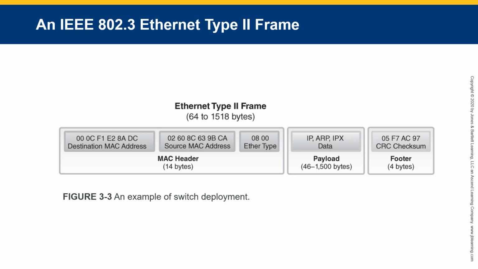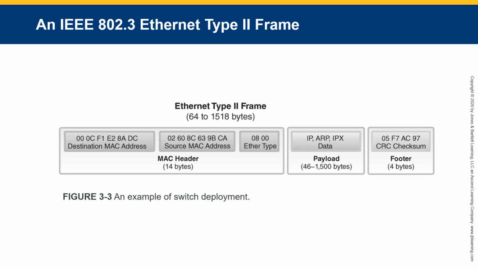So how does this all work? Well, we have the 802.3, based on the IEEE Ethernet frame, or Ethernet II frame. How these get routed is we have the destination MAC address, which is the remote hardware address based on the MAC address of that system, and the source MAC address where it's originating from.